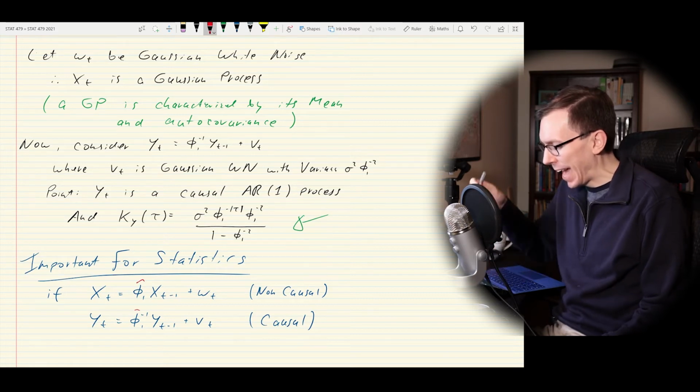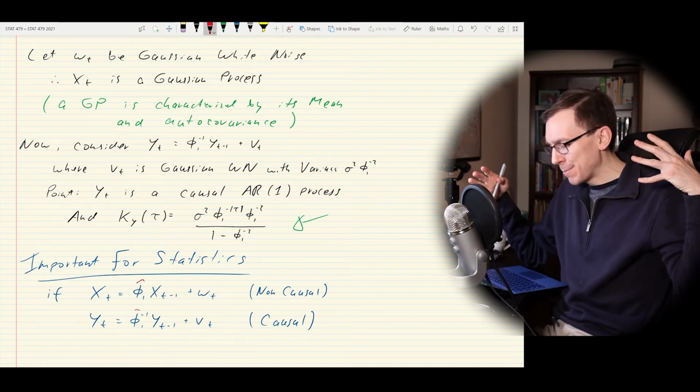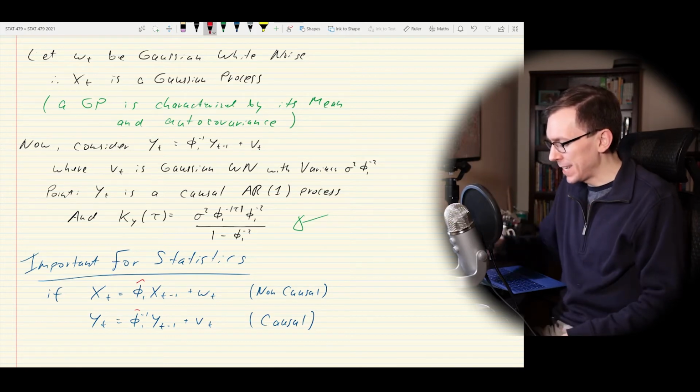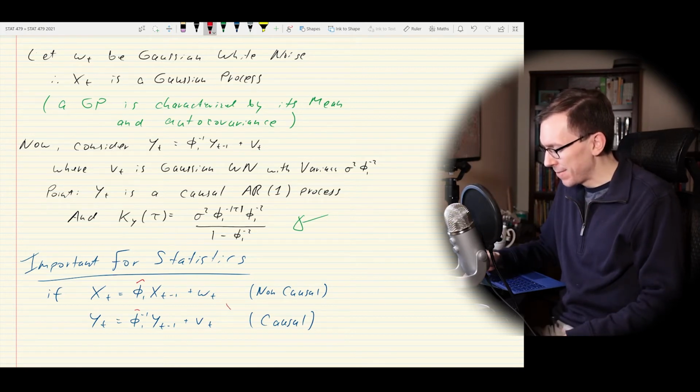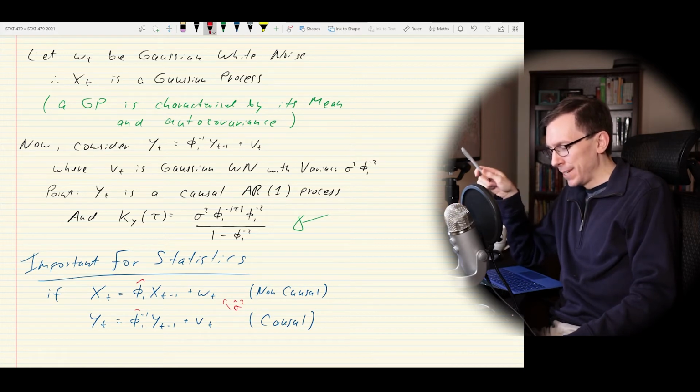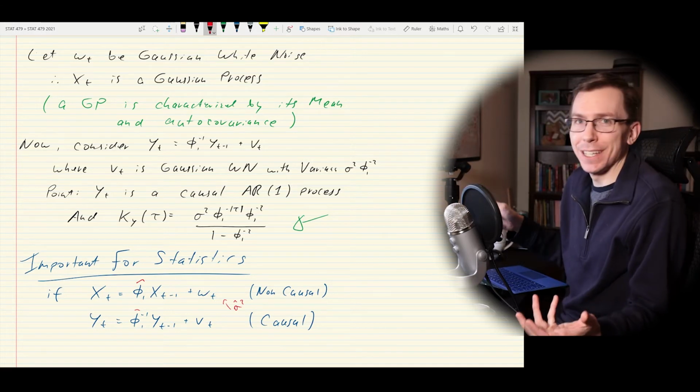We would want to put some hat on there and say, I estimated the AR1 coefficient, or I estimated, say, the variance here, like sigma hat squared. But we have two different processes that have the exact same behavior stochastically, so we can't actually differentiate between the two of them.